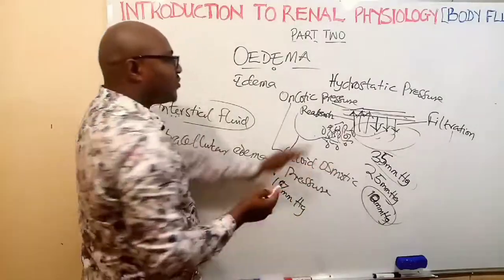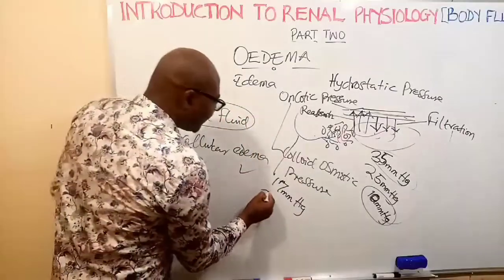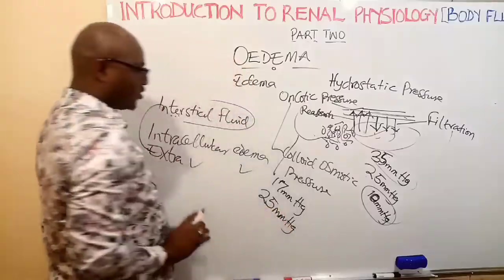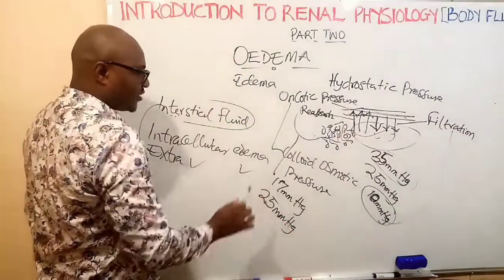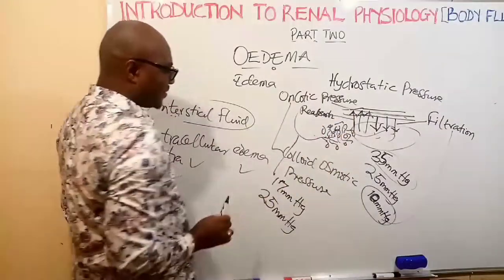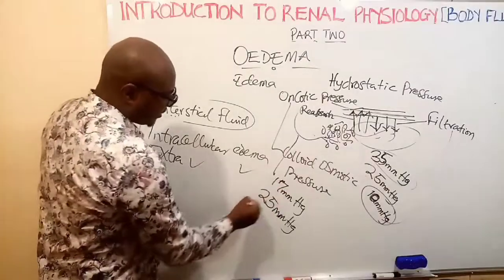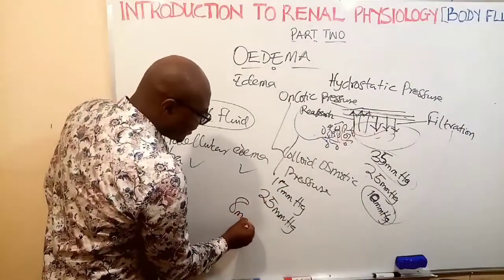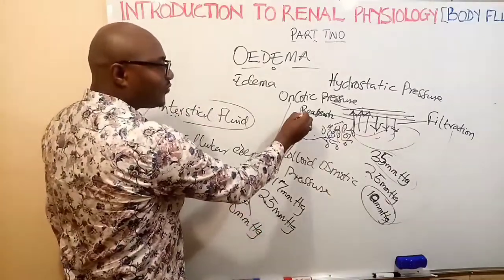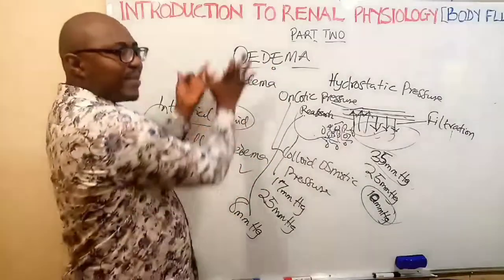But this oncotic pressure, because it cannot cross, still remains the same 25. So what happens? The oncotic pressure is now greater than this. So more reabsorption is happening. The difference between this and this is 8 millimeters of mercury in favor of reabsorption. So the fluid that has filtered will go back.